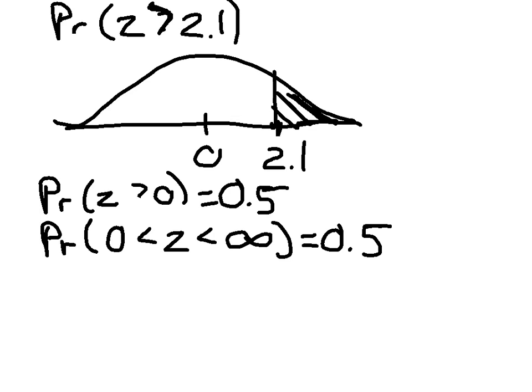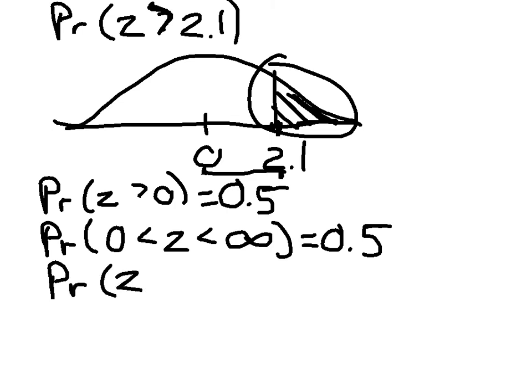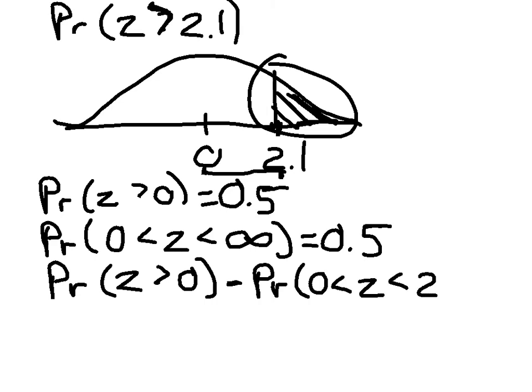All right, so in this one, when I look up the 2.1, that's going to give me the area from 0 to 2.1. I don't want that. I want everything to the right of that. Okay, so what am I going to do? I'm going to take the whole right-hand half, that is the area from 0 to positive infinity, and then subtract out the area from 0 to 2.1.